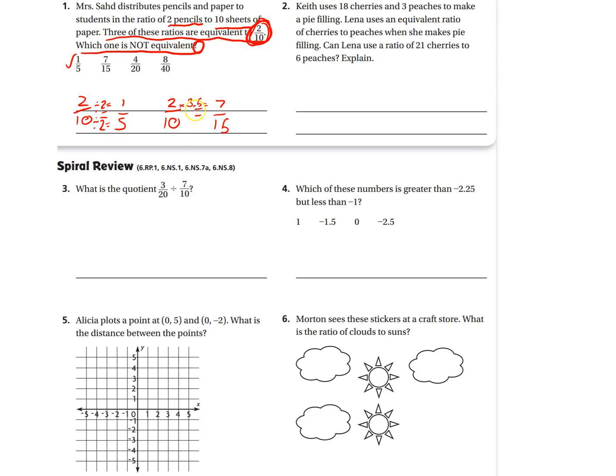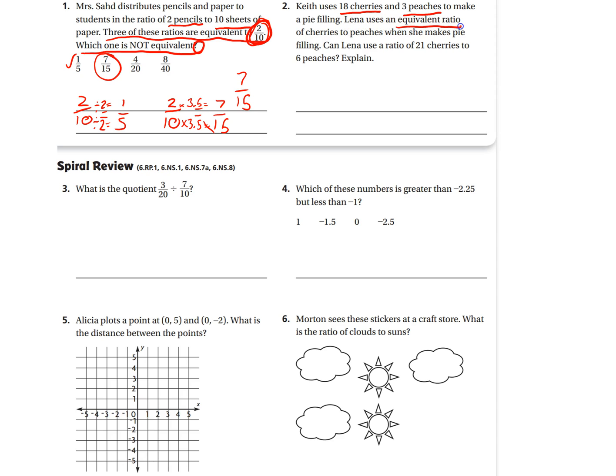But if I multiply the top by 3.5, I have to multiply the bottom by 3.5 as well. And 10 times 3 is already going to be 30, and I need this to equal 15, and it does not equal 15. So this is my fraction or ratio that is not equivalent. 7/15 is not equivalent.